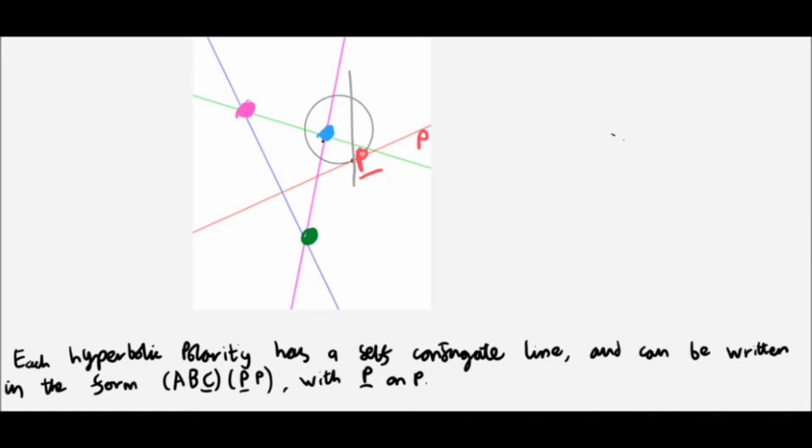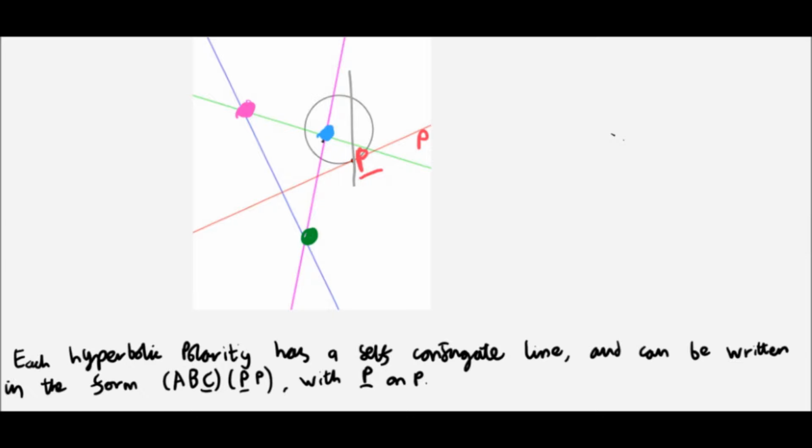But if you just have a look at the top diagram, you can see a little bit about what's going on. We have a self-polar triangle. It has green, blue and purple vertices, and opposite each of those vertices is an opposite edge of the same colour, which also turns out to be the pole of that edge. Now I've done this kind of polarity with respect to the circle, which you can see drawn here too.